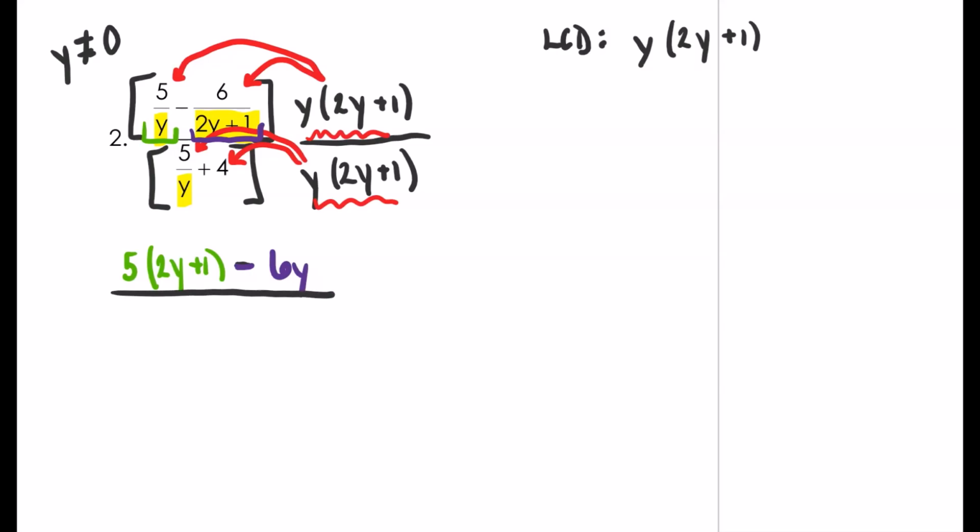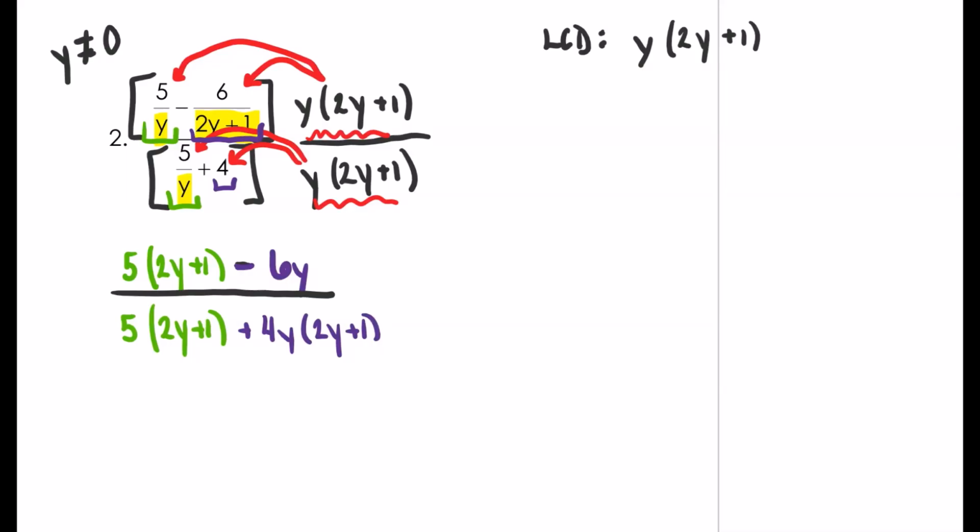Okay, for my denominator, so working my first term here, so 5 over y, the y's are going to cancel, so I'm going to be left with 5 times 2y plus 1. And then on my second term, nothing is going to cancel, so I'm going to be left with 4y times 2y plus 1.